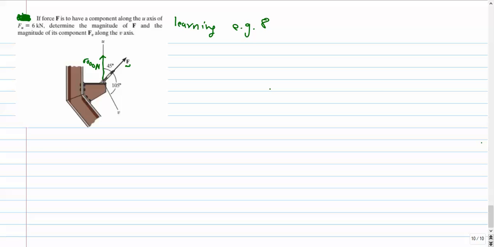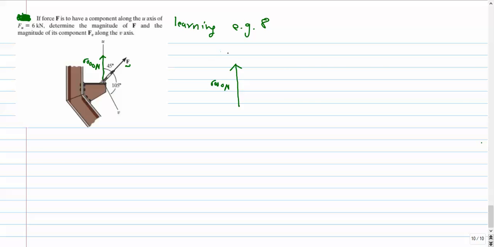So the easiest vector to draw would be the 6,000 Newton vector since it's directly upwards. So let's draw that first. Alright, we know that the component along the v-axis is like this in this direction.